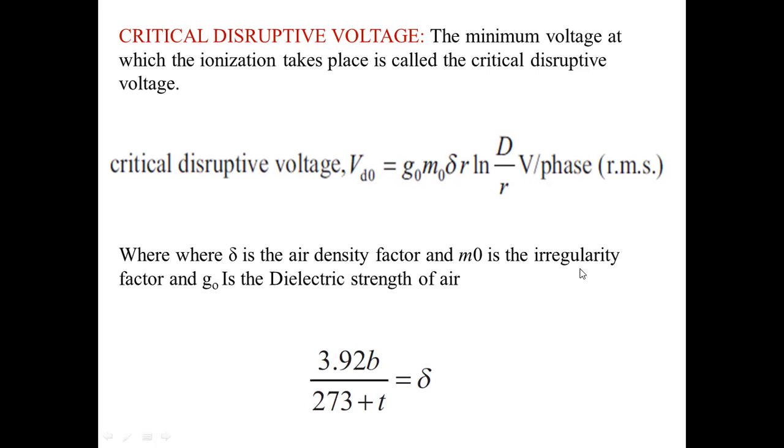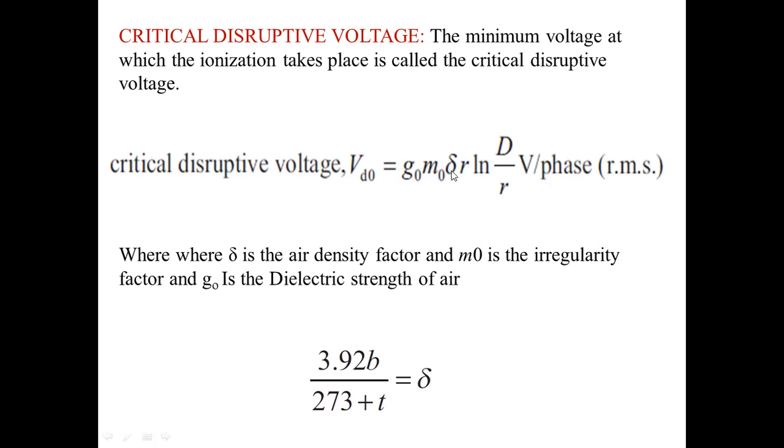If the surface is smooth, m naught will be equal to 1, and the chances of the corona will be less. And if the irregularity and the roughness of the surface increases, meaning sharp edges occur in the conductor surface, the m naught value will reduce accordingly, and the chances of corona will be high, because this is proportional.